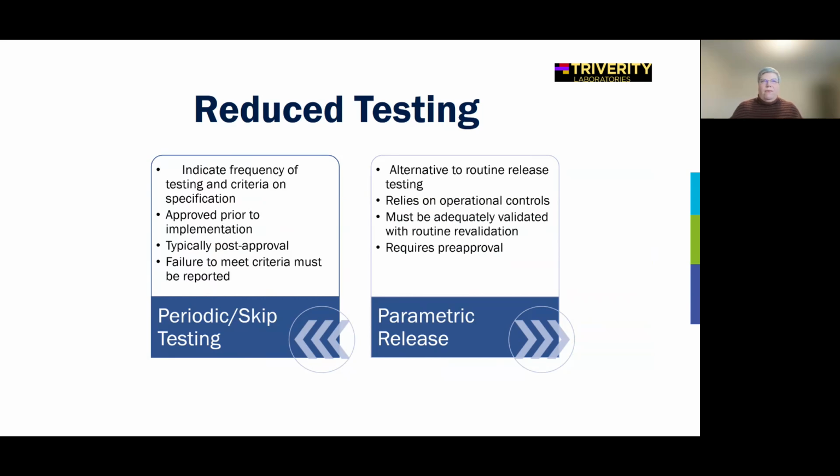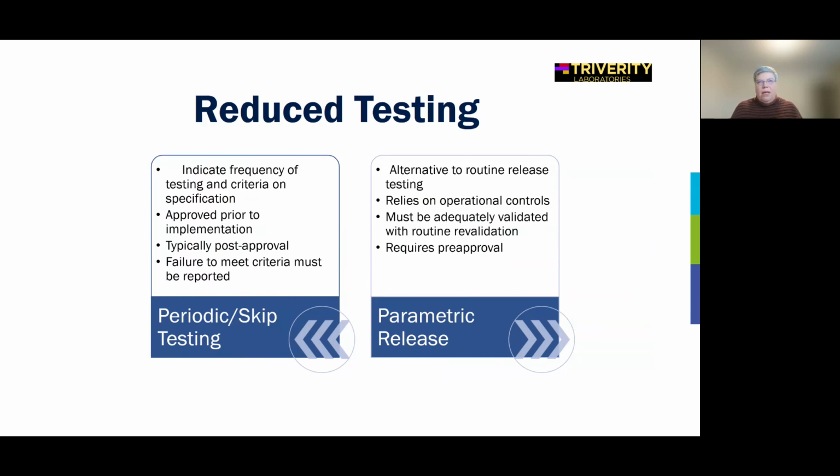You need to have the frequency of the testing indicated on your specification. You need to have this criteria or this concept approved by the regulatory body. And then if you fail to meet any of the criteria on your specification, then you have to report it, and then you probably will have to go back to full testing until you can figure out what happened and get back into meeting those criteria.